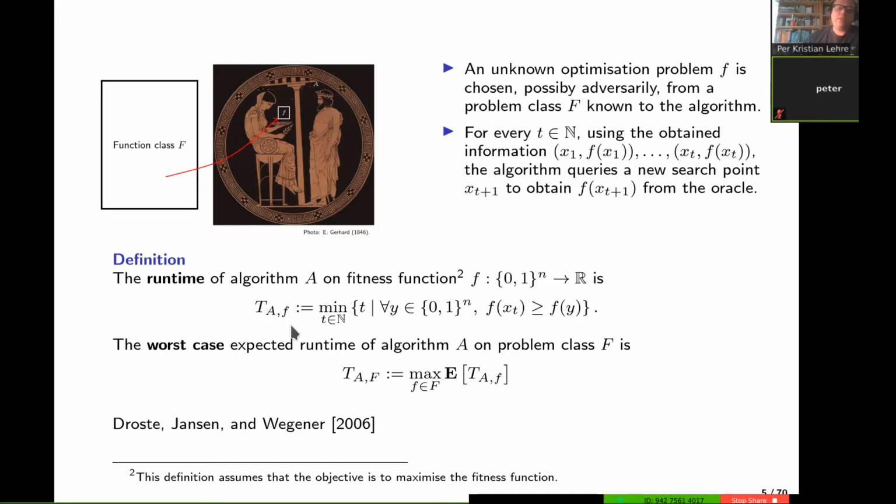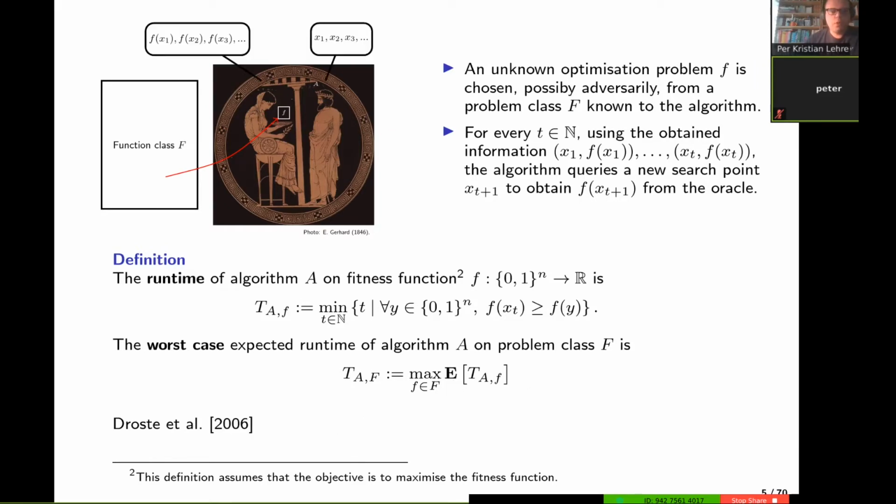Now, since this algorithm makes random decisions, this runtime will be a random variable. So when we define the worst case expected runtime of the algorithm, we take the maximum of the expectations of these random variables.